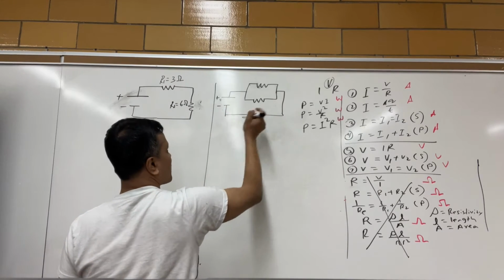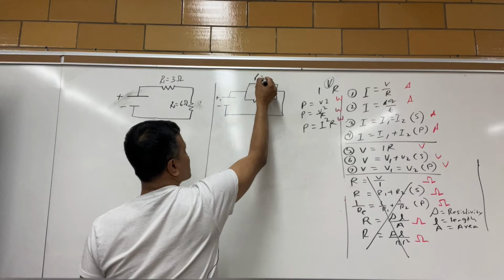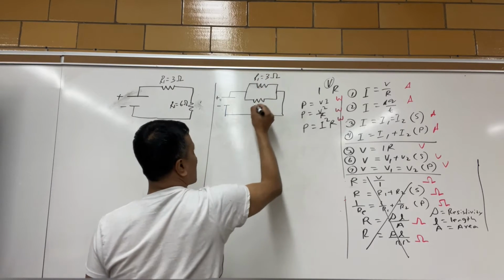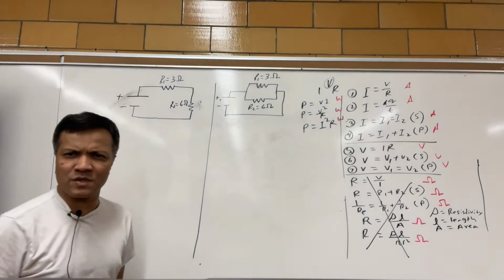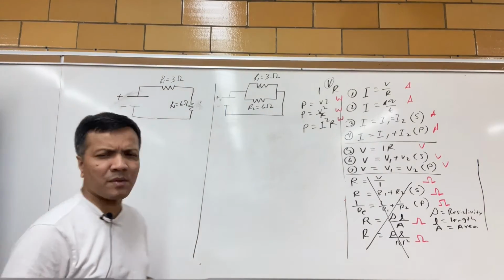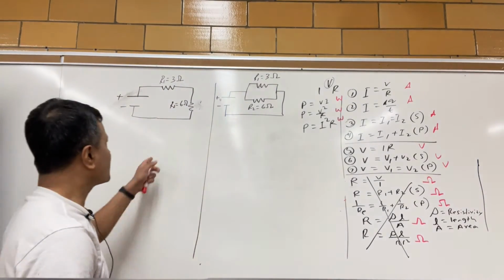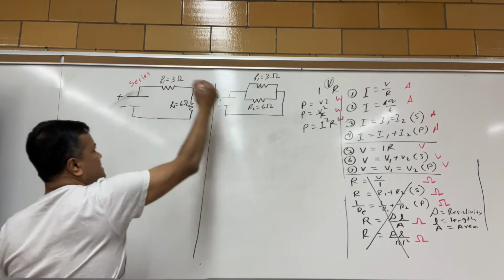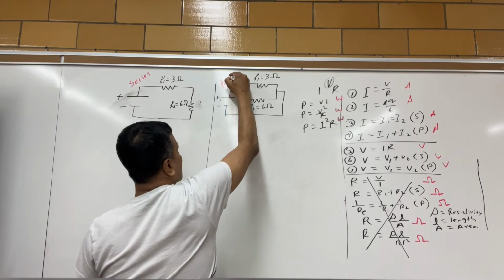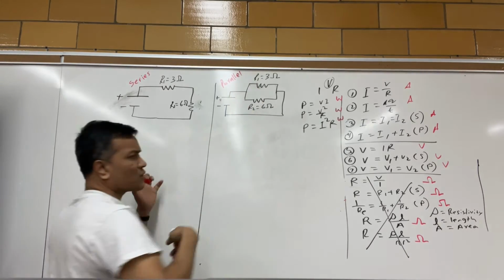So you have R1 is 3 ohms, R2 is 6 ohms. Now my question to you is, which one would be brighter? So this is series and this is parallel. Which one would be brighter?